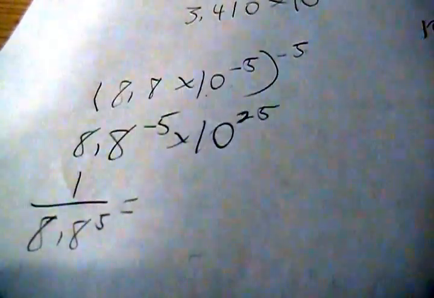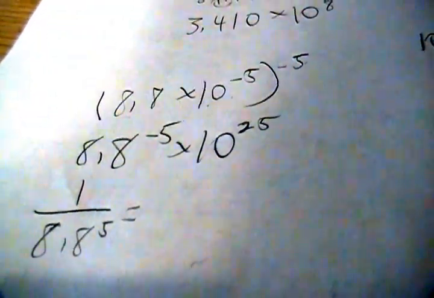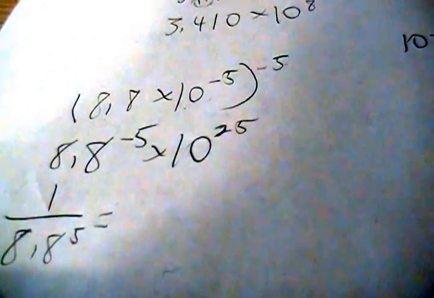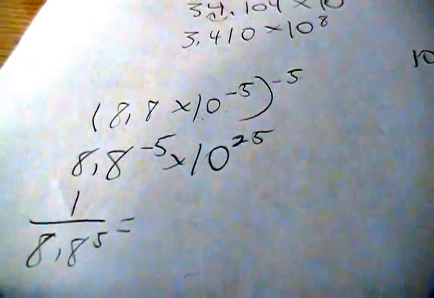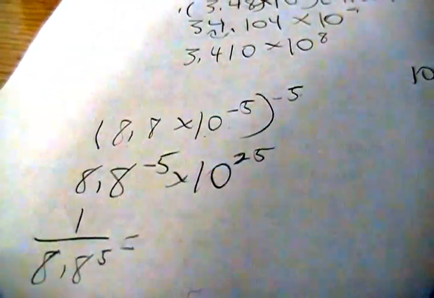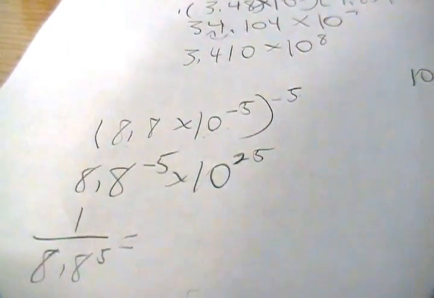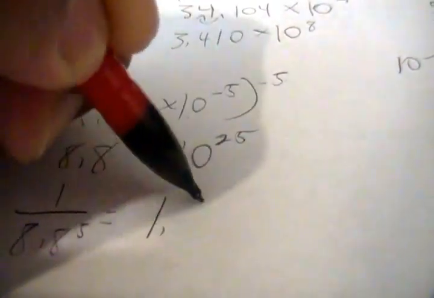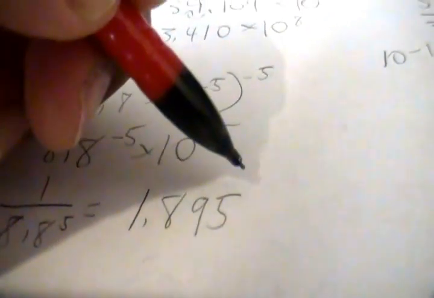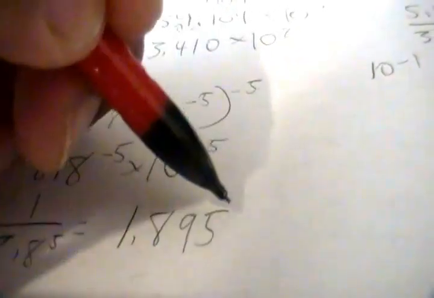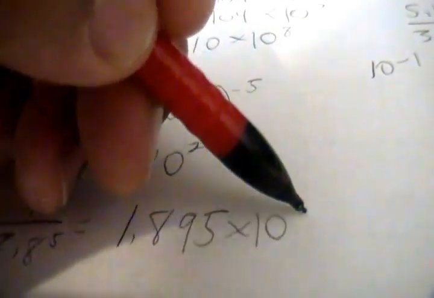So what we get is 1.895 times 10 to the negative fifth power, and then that's multiplied by 10 to the 25th power.